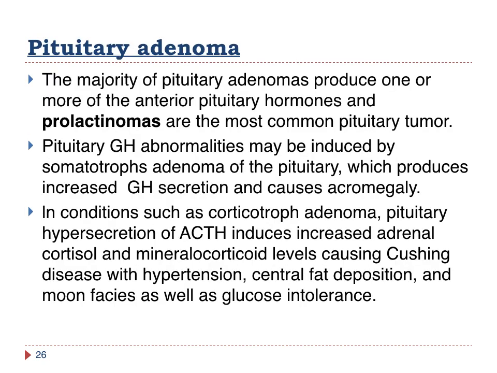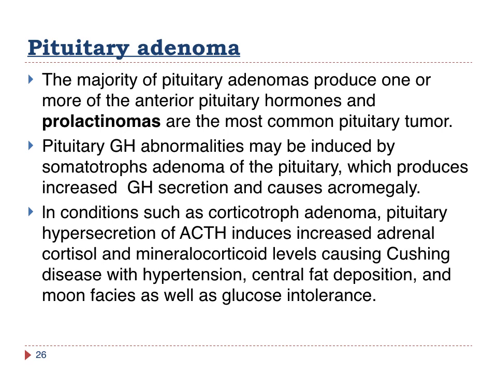Pituitary adenoma. The majority of pituitary adenomas produce one or more of the anterior pituitary hormones. For example, prolactinomas are the most common pituitary tumor. Pituitary growth hormone abnormalities may be induced by somatotroph adenoma of the pituitary, which produces increased growth hormone secretion and causes acromegaly.